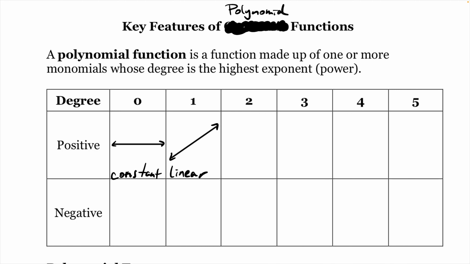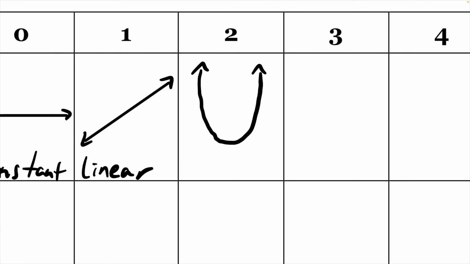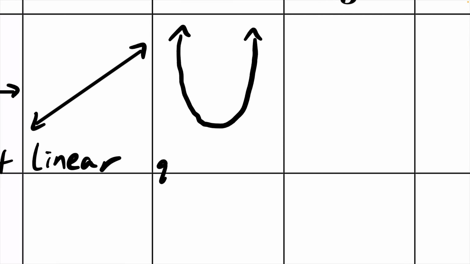Okay? The second one, degree of 2, is going to look familiar from last year. Some of you guys told me on your get to know you slides. I remember that. This one, you talked about all second semester in Math 2. It's called a quadratic.